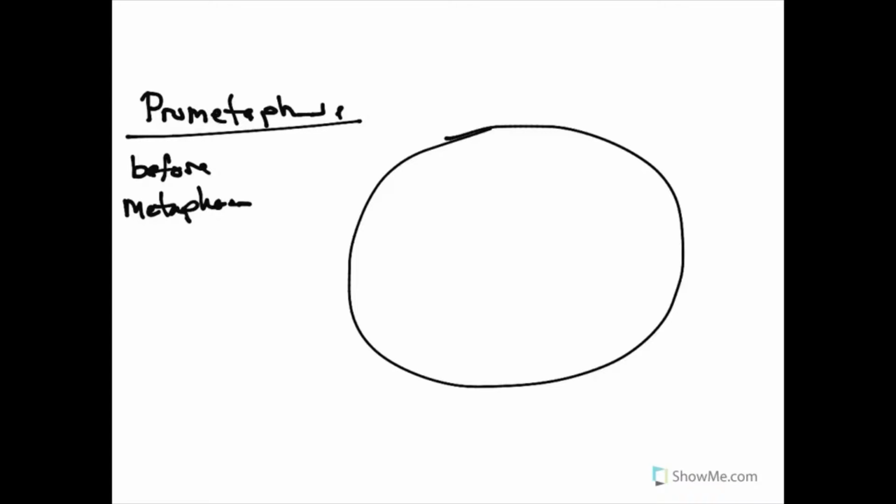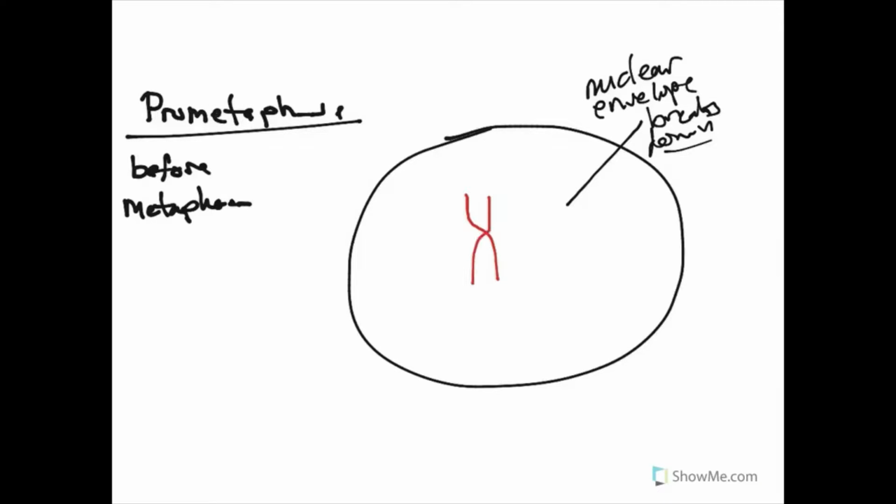First thing that I want to point out that you're going to see happen is that the nuclear envelope breaks down. So that's the first thing I want to talk about: nuclear envelope breaks down here. Okay, there is no nuclear envelope. And because there is no nuclear envelope, our homologous chromosomes, they are floating around free.